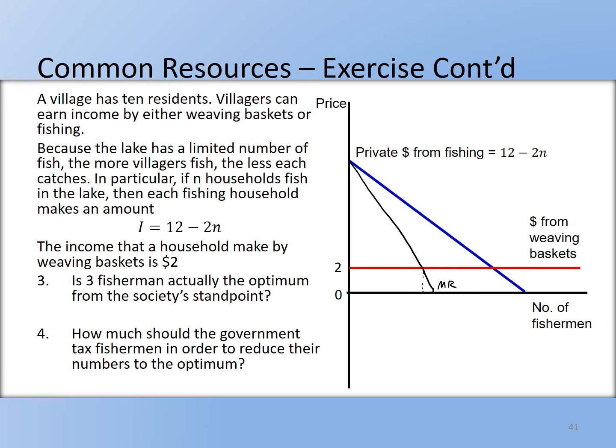It's because if you interpret this way, the private income from fishing is the average revenue from fishing, whereas the money from weaving basket is the marginal cost of fishing from the society's point of view, because when one person goes to fish, he is not weaving basket.